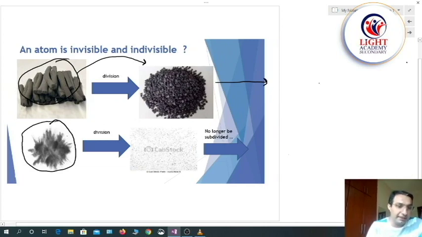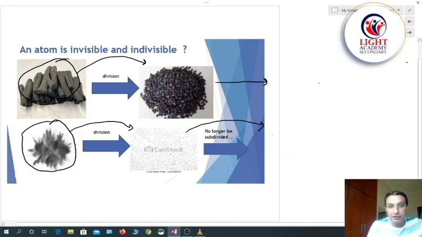but the particles are still visible. If they can be seen, it means that I can continue to divide. When I continue to divide, I still have very small tiny particles of charcoal. If they are still visible, it means that I can continue.